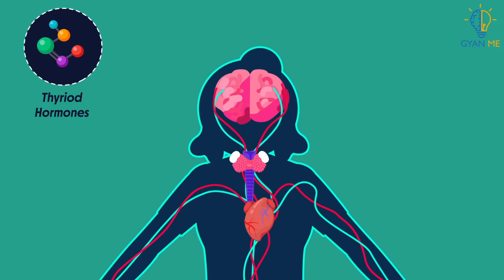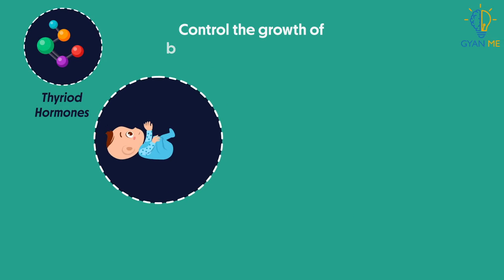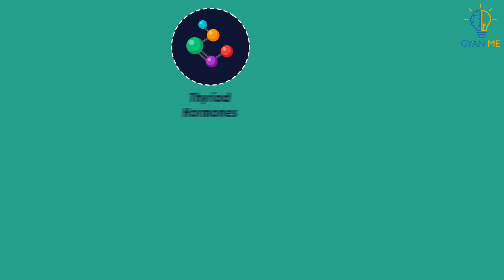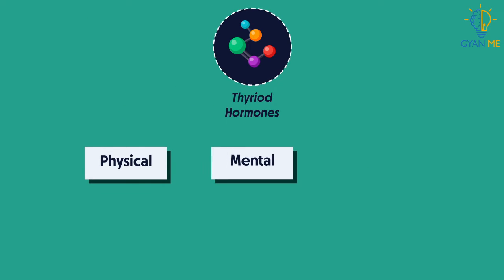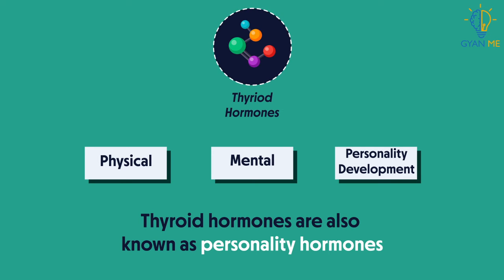Thyroid hormones help to maintain normal body temperature, influence the activity of central nervous system, control the growth of body and bone formation, and are essential for normal physical, mental, and personality development. And hence, thyroid hormones are also known as personality hormones.